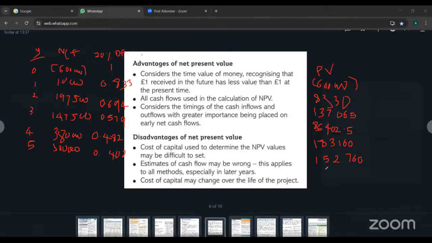Now you have to do another step. You have to add all these and subtract 600,000, and that will be the final net present value. So 8,330 plus these, and then minus 600,000 will give you minus 33,282.5.